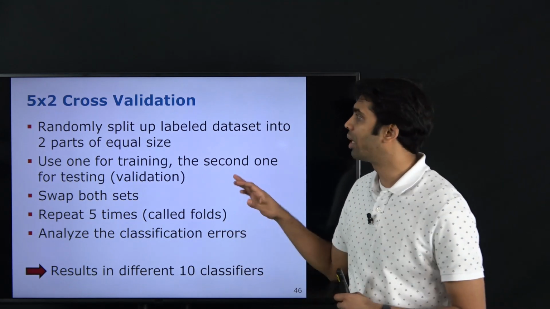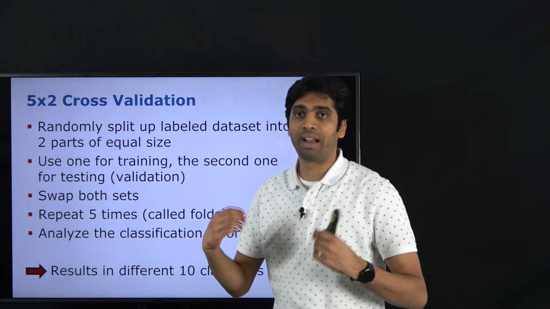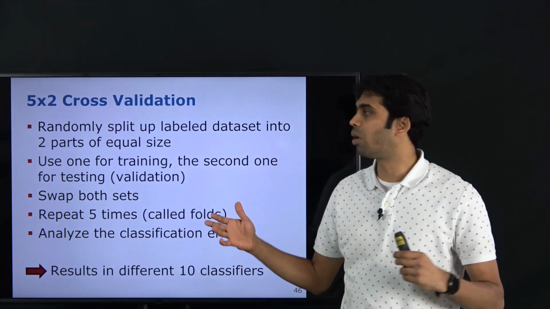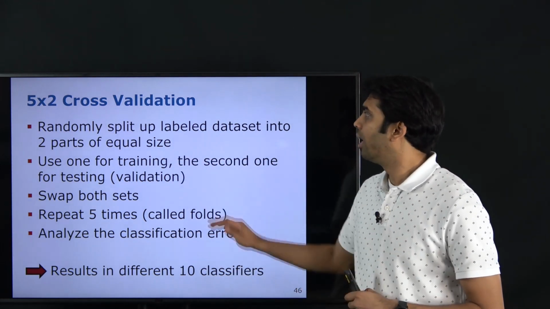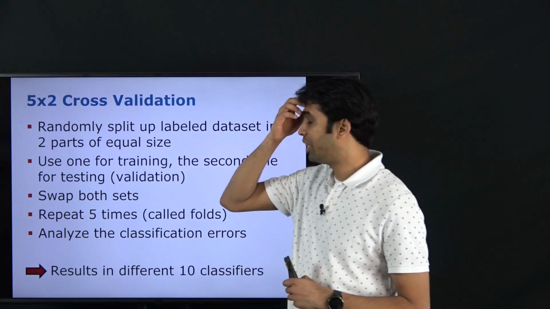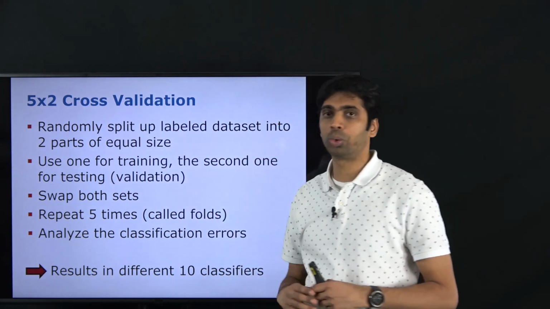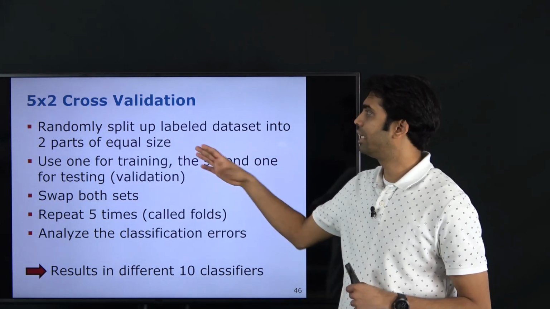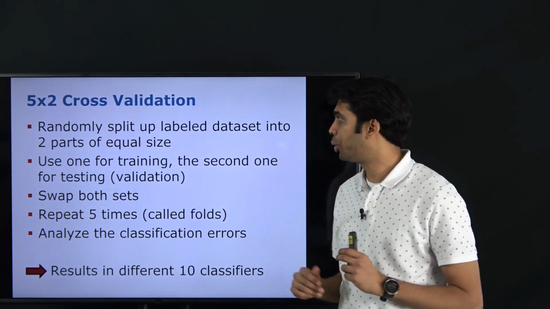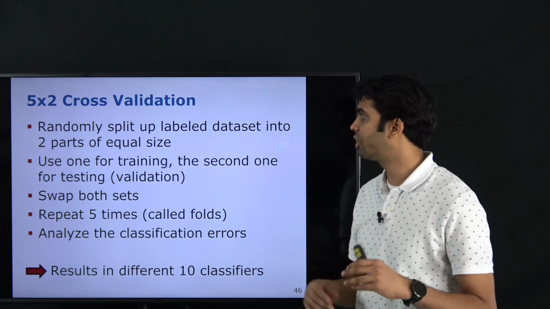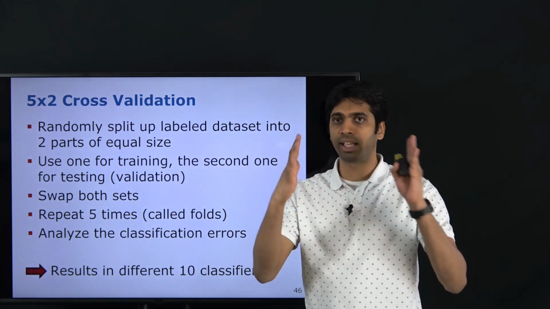where this is one method to do the cross-validation training, also called multiple fold training. What I mention here is the 5x2 cross-validation training, where what we do essentially is take our training data set and split it into two parts, 50% each. So if you have 100 examples, we take 50 examples each.